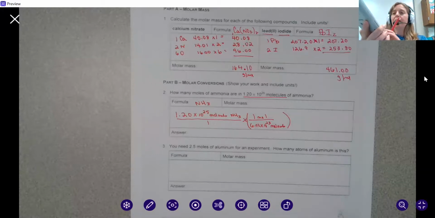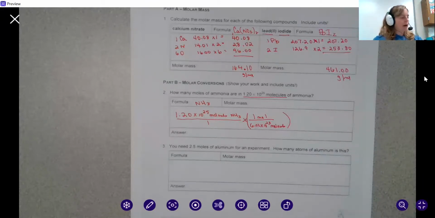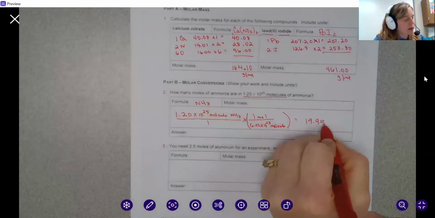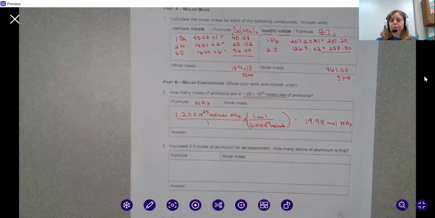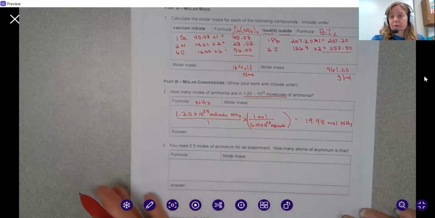Then when I hit enter, I'm going to get 19.93. So my answer for this is 19.93 moles of NH3. As we're moving along, that's how you type it into your calculator.